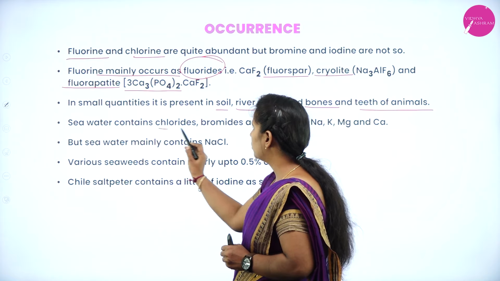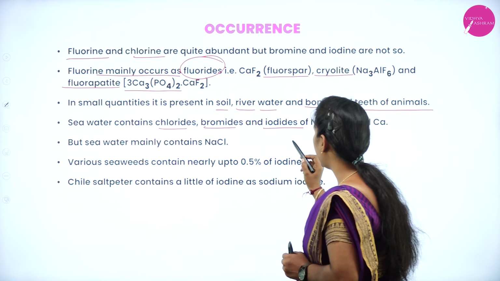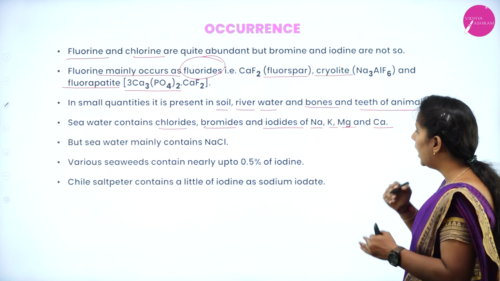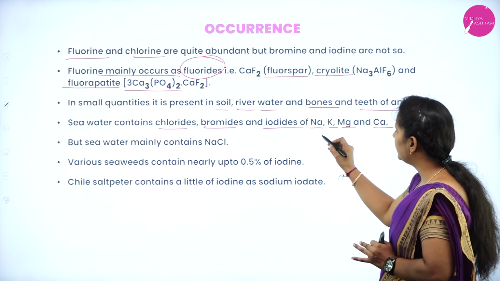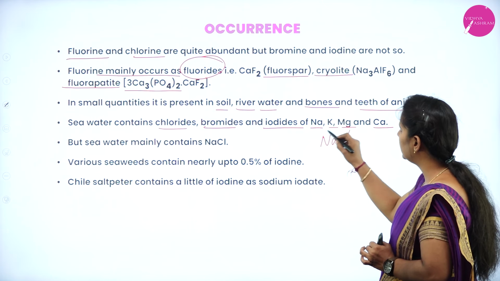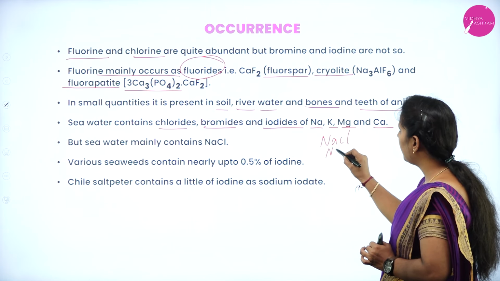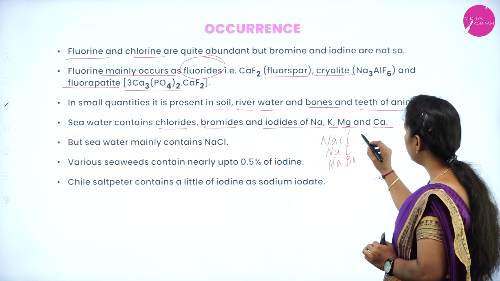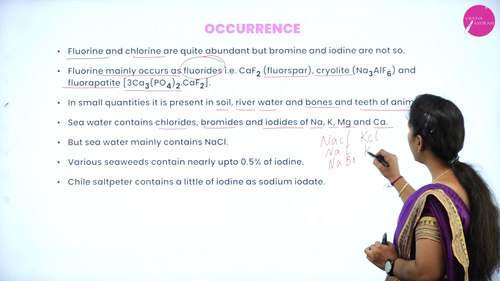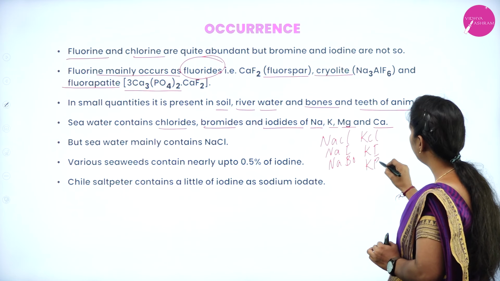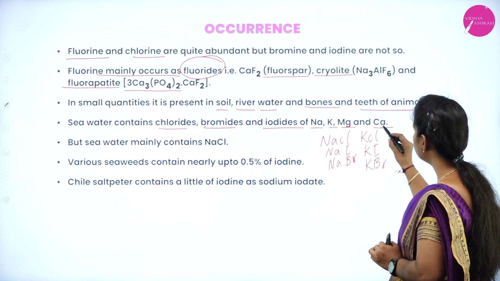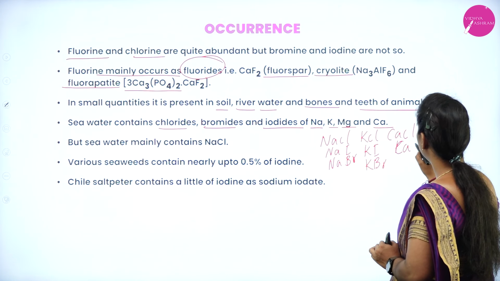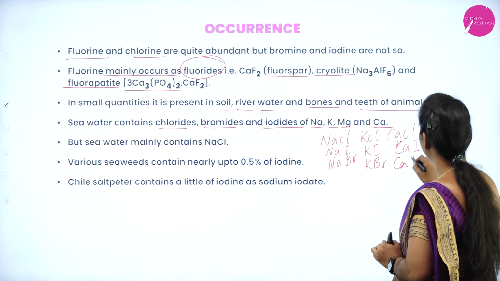Seawater contains chloride, bromide and iodide of sodium, potassium, magnesium and calcium. How will it be present? It will be present as sodium chloride, sodium iodide, sodium bromide, similarly potassium chloride, potassium iodide and potassium bromide, and calcium chloride, calcium iodide and calcium bromide.